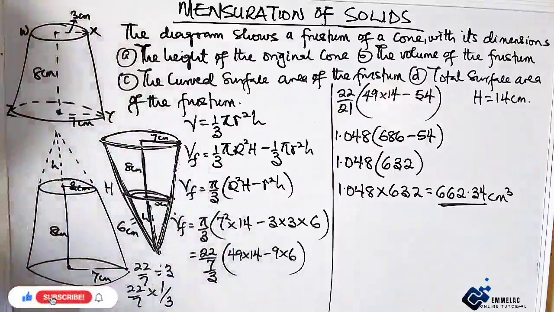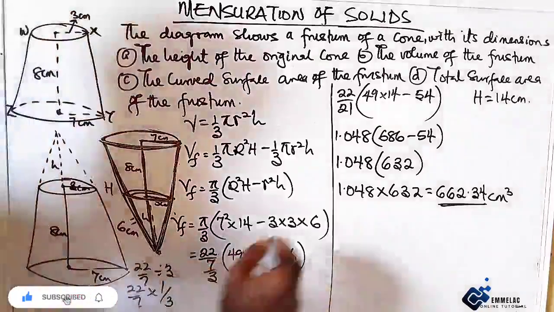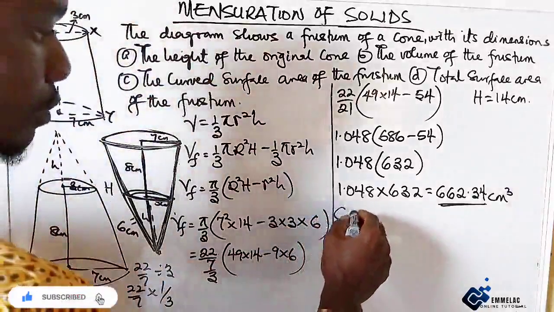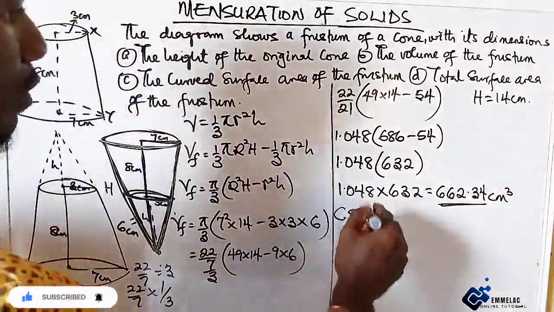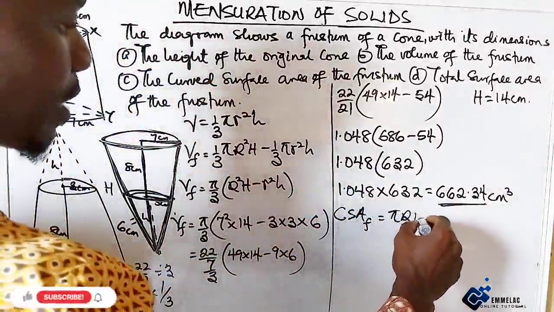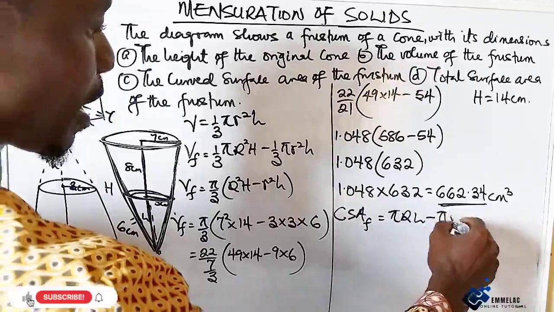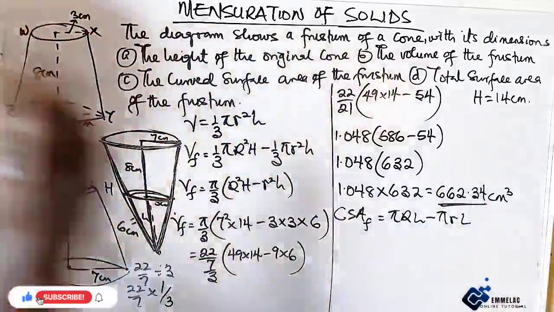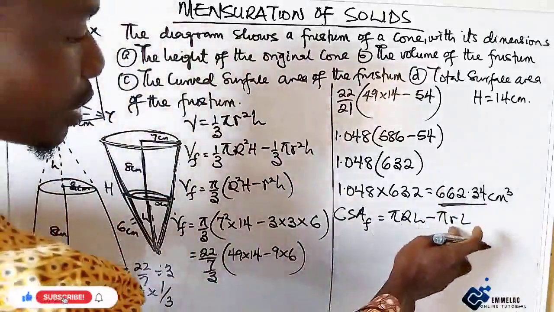All right, and this will give us the curved surface area of the frustum, which will be pi R L minus pi r l. So this is the bigger R and this is the smaller r.